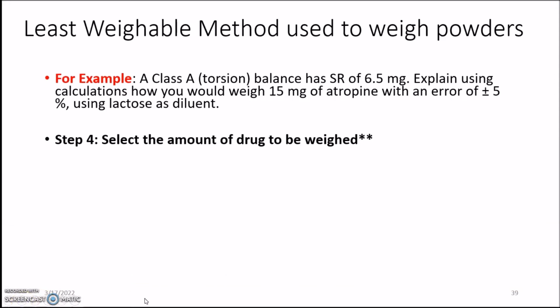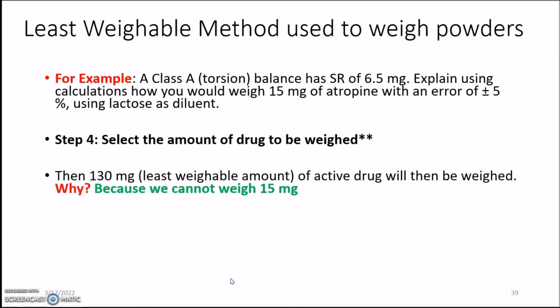The next step is to select the amount of drug to be weighed. Now remember, we can't weigh 15 milligrams. We can only weigh 130 milligrams or more. So we're going to select what we're going to weigh. We're going to weigh 130 milligrams, which is the least weighable amount of the active drug.